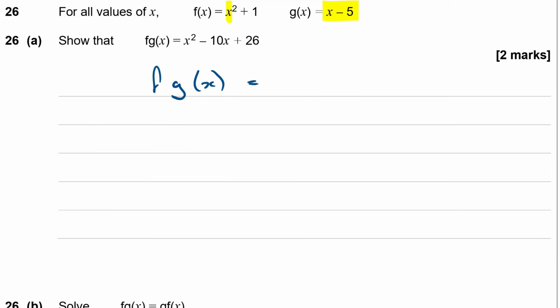So I'm going to take my x squared plus 1 and insert x minus 5 where I see the x. Okay, and then I need to multiply that out. x minus 5 all squared.